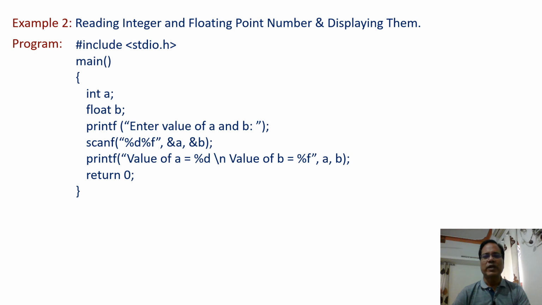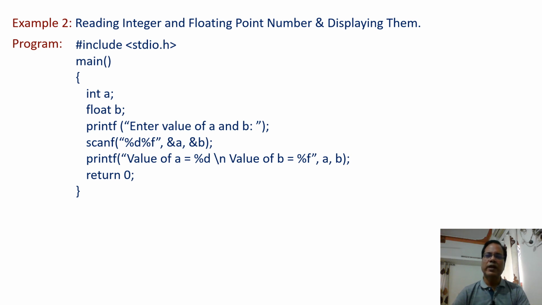That's why here, using the printf function, enter value of a and b. Value of a is the integer value, and value of b is going to be a float value. So we have to enter the integer and float data.